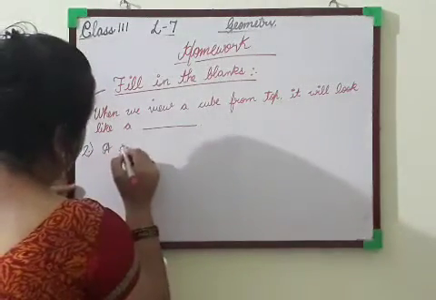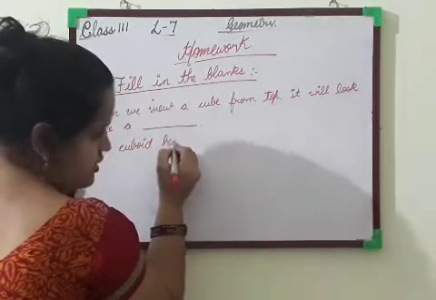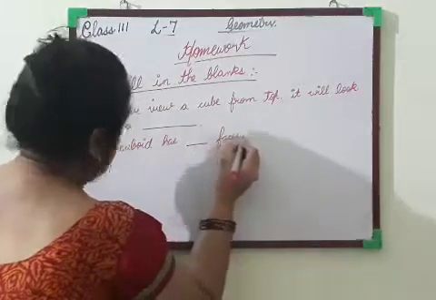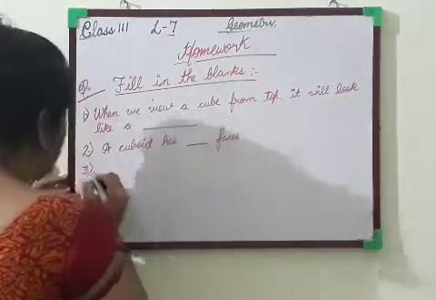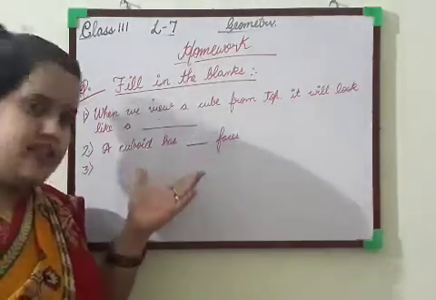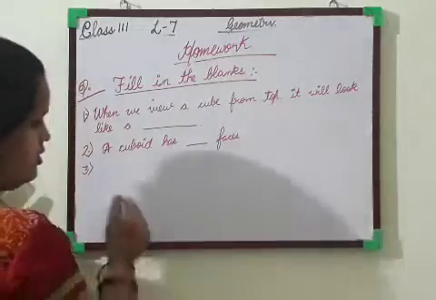A cuboid has dash faces. So many times I told you in the previous video also, just now I have told, and in this video also I have told you. Okay, that is very easy.